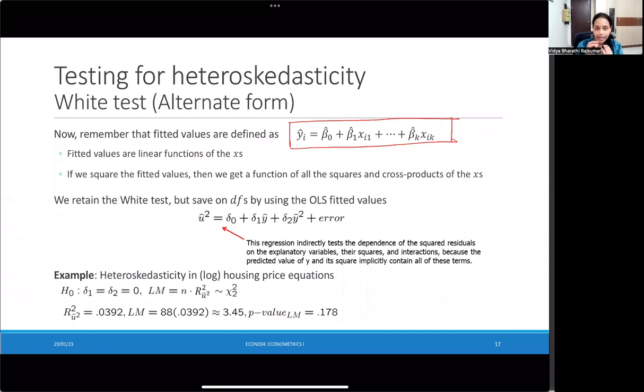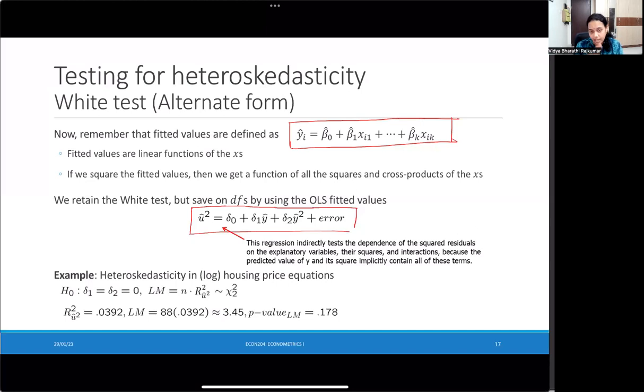So if I run the White test in this manner, all that I'll have to do is regress u hat square on my predicted y hat and my y hat square, and use that as the basis for my test for heteroscedasticity. This way, I still retain the essence of saying that u hat square is a function of the x's, their squares, and the cross products.